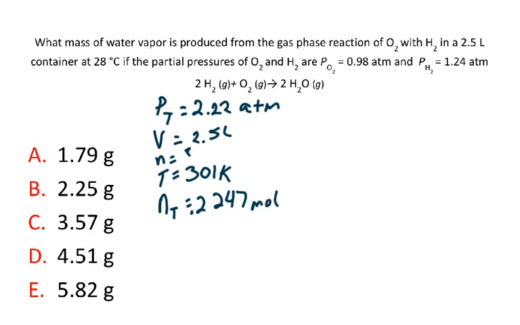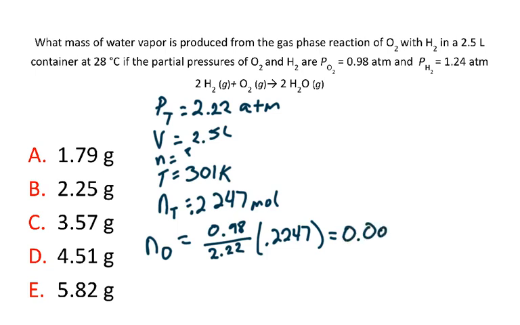moles. And I know, so my moles of oxygen are going to be 0.98 divided by my total pressure, 2.22, times my total number of moles, 0.2247, which gets me 0.009919 moles.